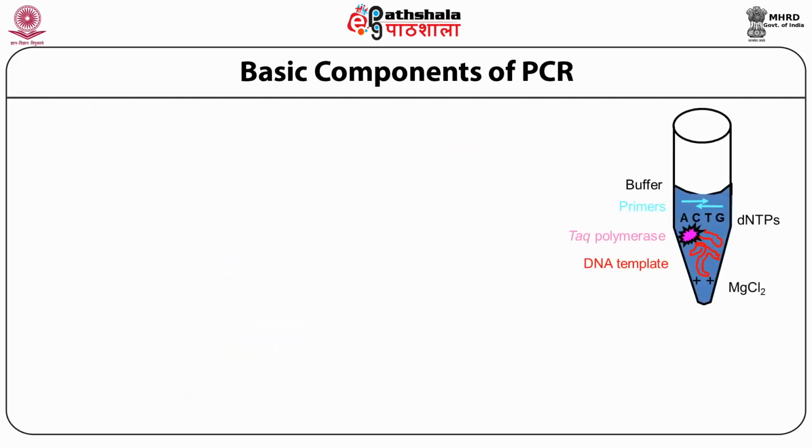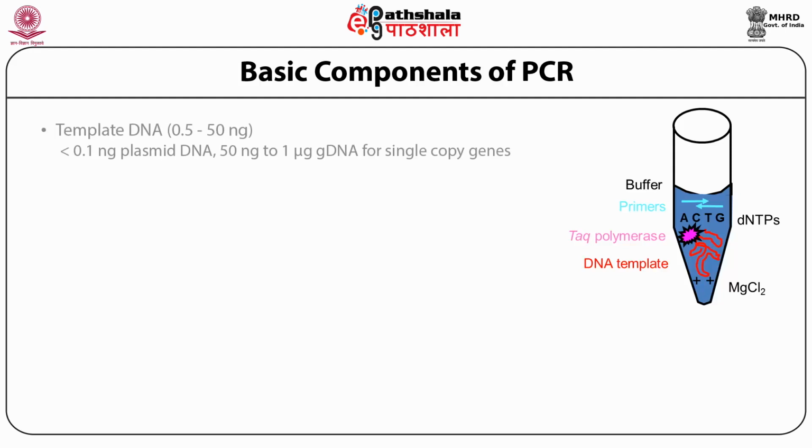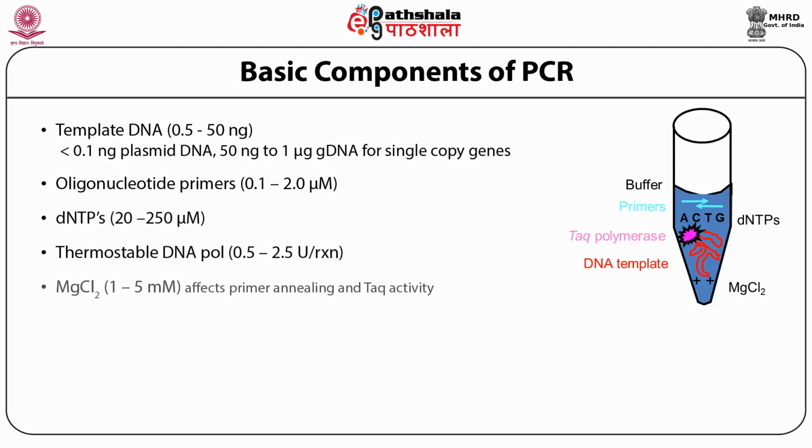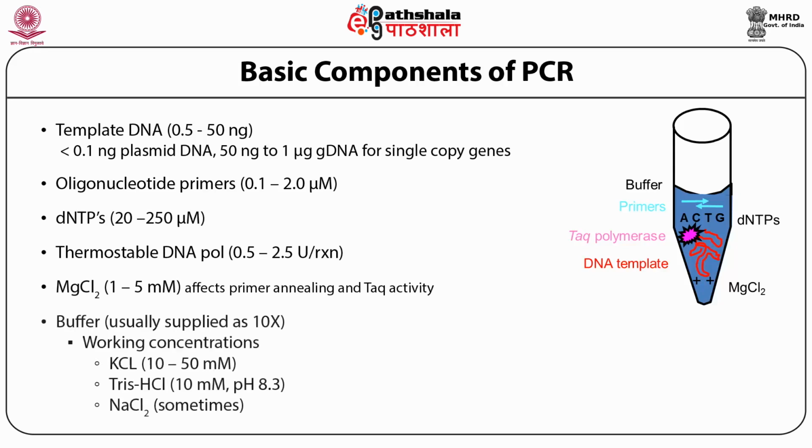Now come to the components which are necessary for the completion of a polymerase chain reaction cycle. These are the template, oligonucleotide primers, dNTPs, thermostable DNA polymerase, magnesium chloride, and buffer.